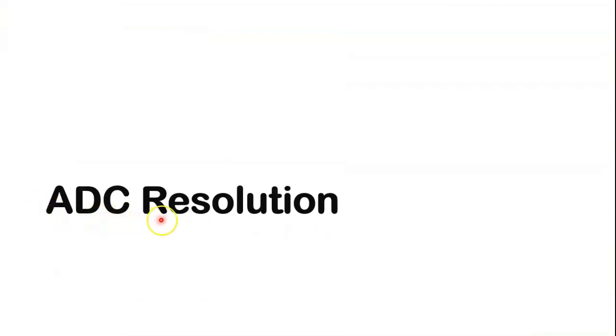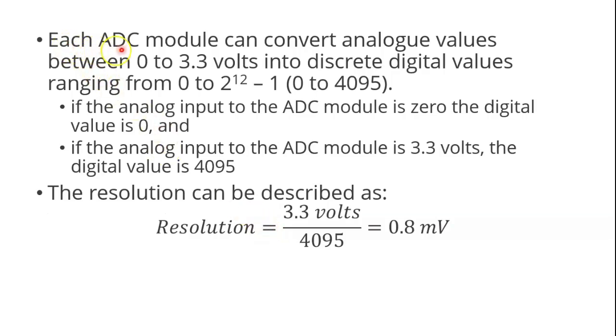The ADC resolution. Now, each ADC module can convert analog values between 0 to 3.3 volts into discrete values ranging from 0 to 2 to the 12 minus 1. In other words, it's 0 to 4095 decimal. Now, if the analog input to the ADC module is 0, the digital value would be 0.